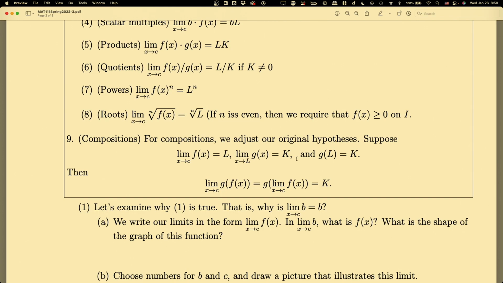So in this example, what do I get? What's the limit as x goes to 9 of x minus 7? What number do you guys think? 2. How do we get that? Well, what's the limit as x approaches 9 of x? Right? What's the limit as x approaches 9 of 7? 7, it's a constant.